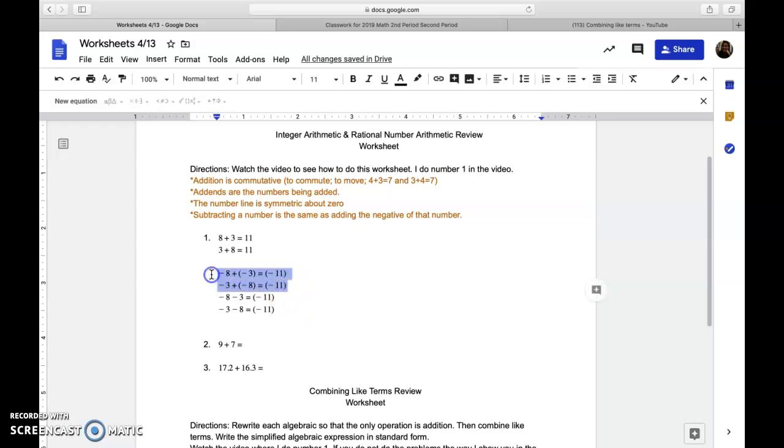The first 2 are equal through the fact that addition is commutative, and then for the last 2, I use this property, subtracting a number is the same as adding the negative of that number. So looking at those 4, you'd say these all have the same sum or the same answer.